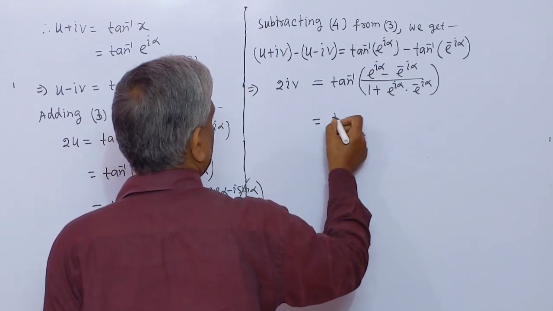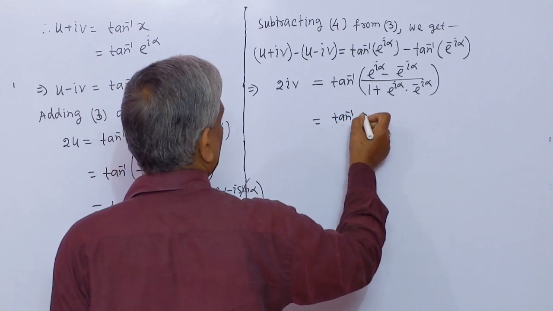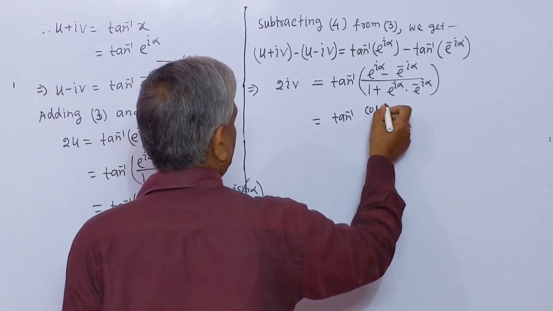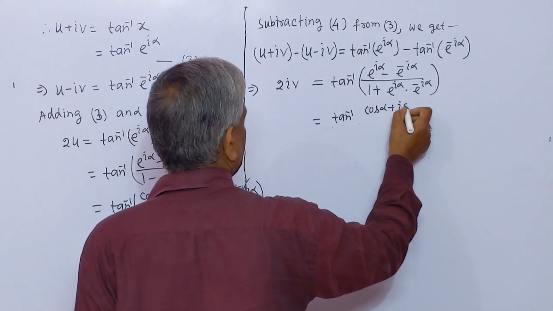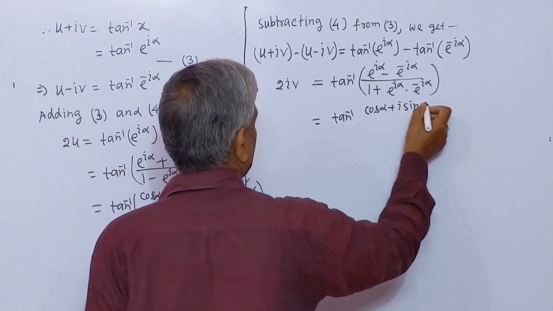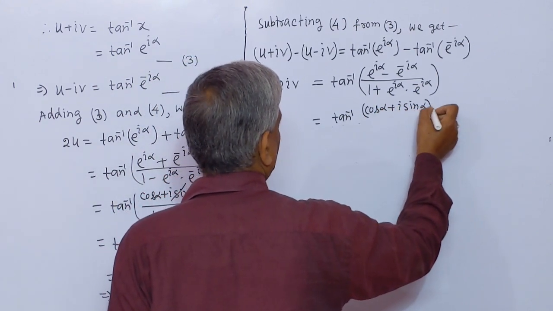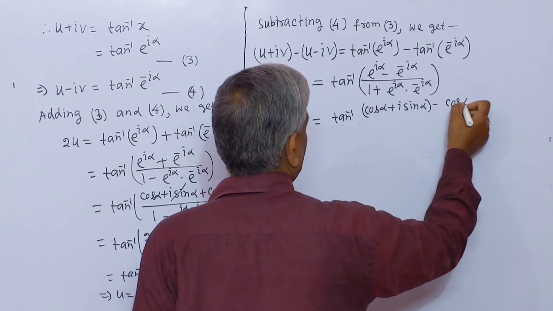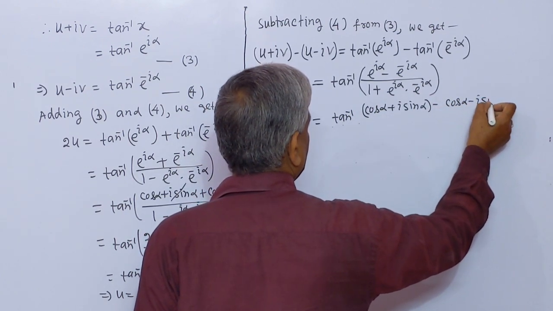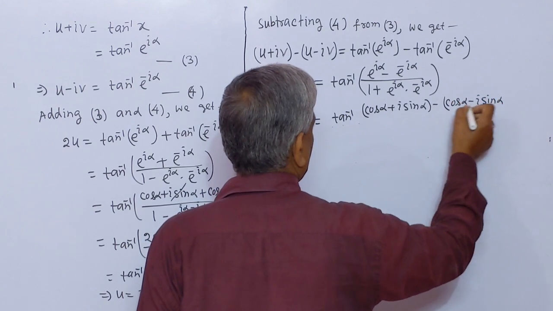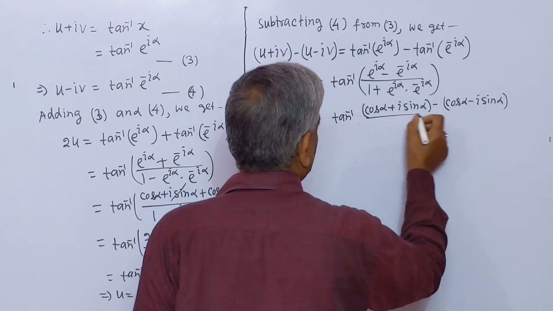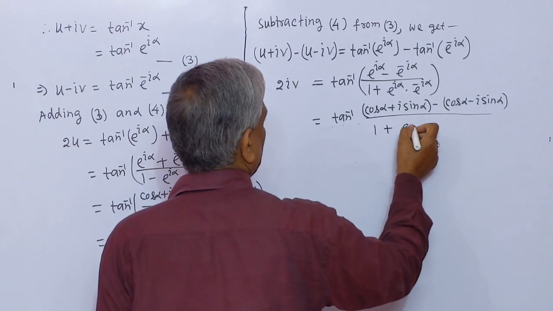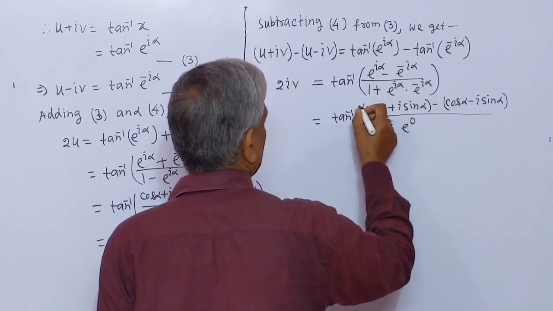This is equal to tan inverse. Here e to the power i alpha is cos alpha plus i sin alpha, minus cos alpha minus i sin alpha, by 1 plus e to the power 0.